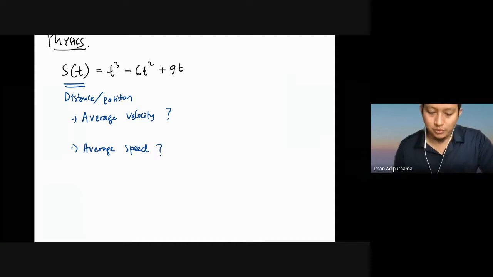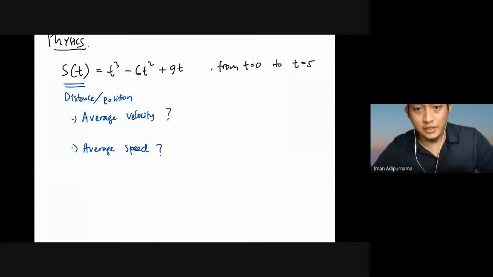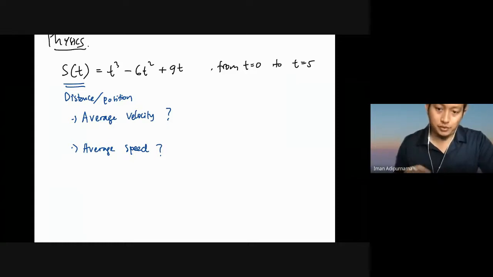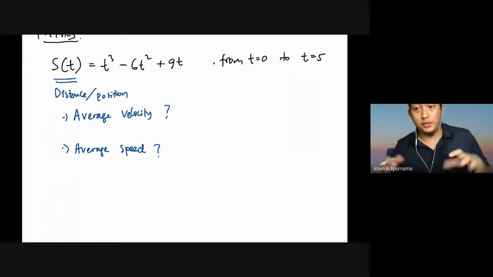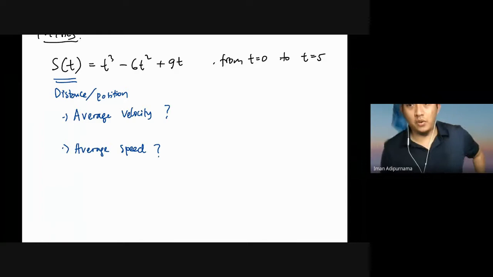If we want to evaluate from t equals 0 to t equals 5, what is the average velocity? What is the average speed? Two different cases, so we need to look at this first. Later I will let you know why we are doing this and what the connection is with chapter 4.